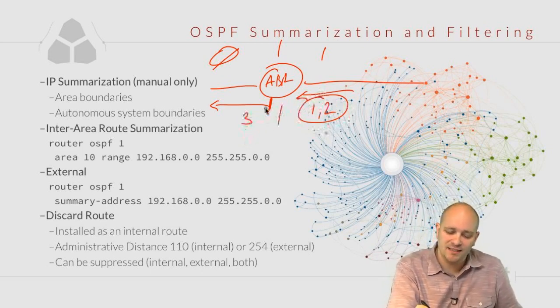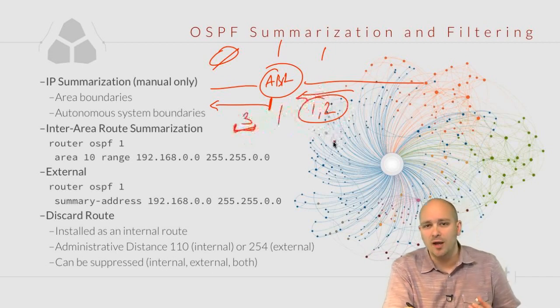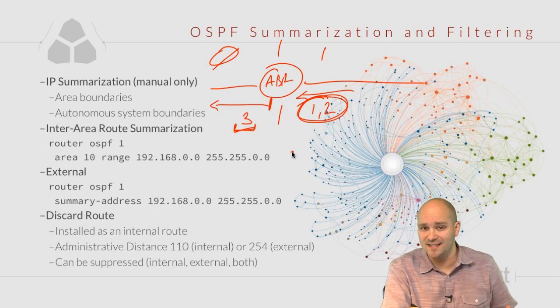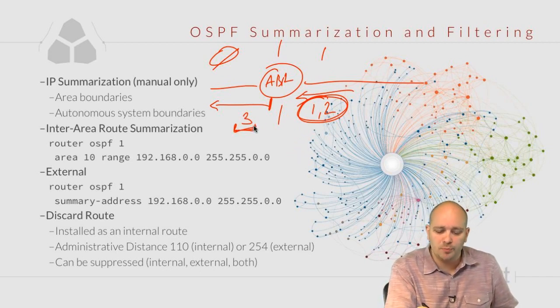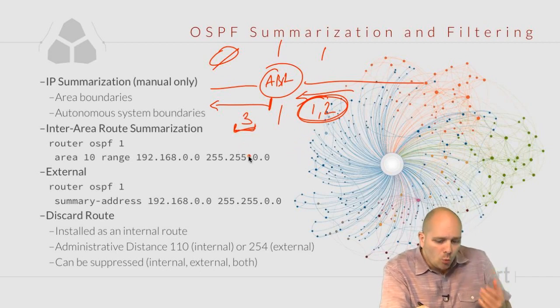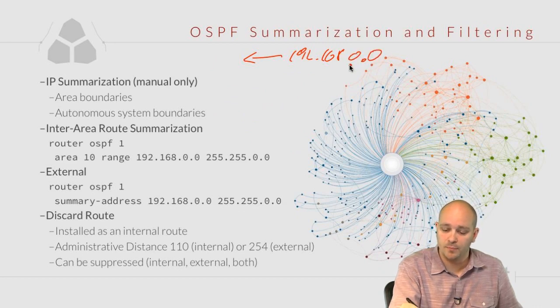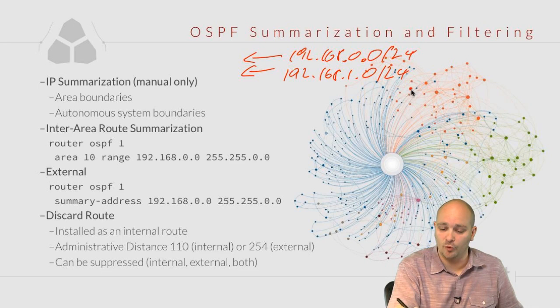At this point, at the injection point of this type 3 LSA, is where we can not only leave the summarization at the LSA level, but we can also perform IP summarization. What I mean by this is if we had, for example, route 192.168.0.0/24 arriving and route 192.168.1.0/24 arriving.